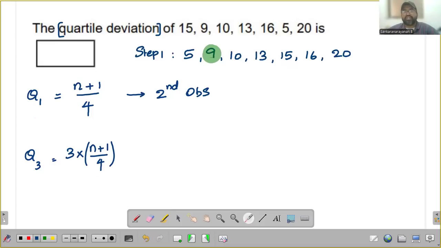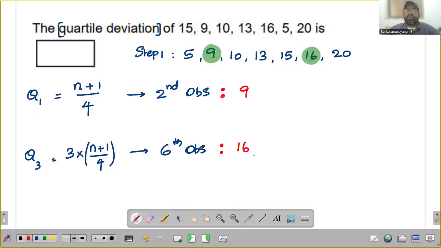The sixth observation, 1, 2, 3, 4, 5, 6, is going to be my third quartile. So I am writing those values here. 9 is the first quartile and 16 is the third quartile here.